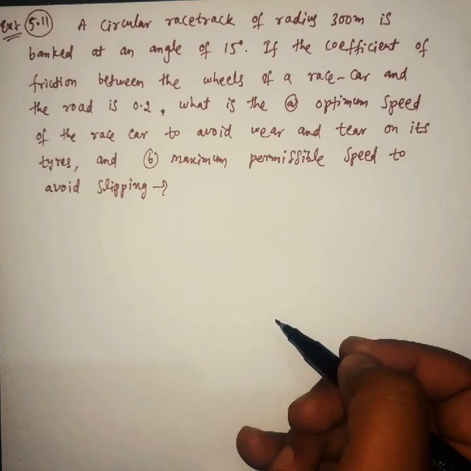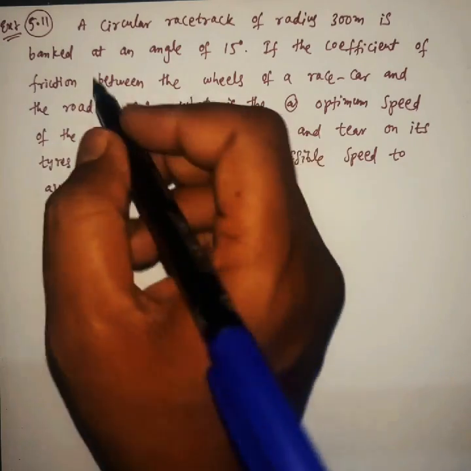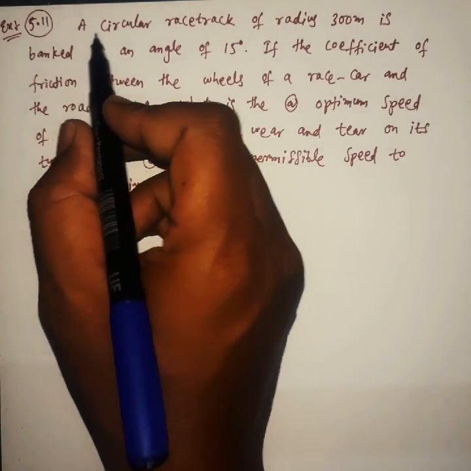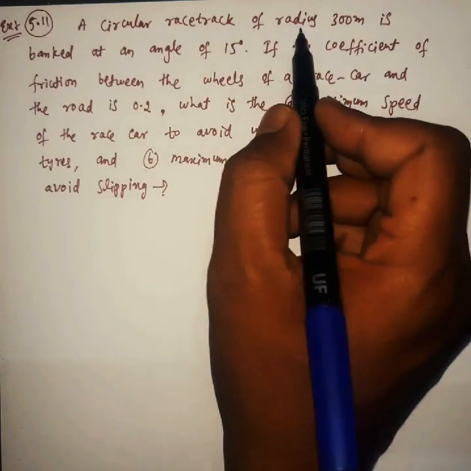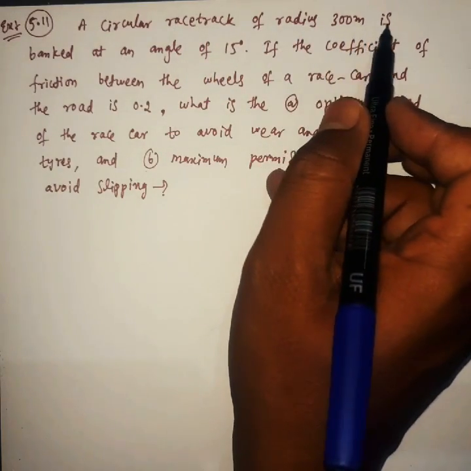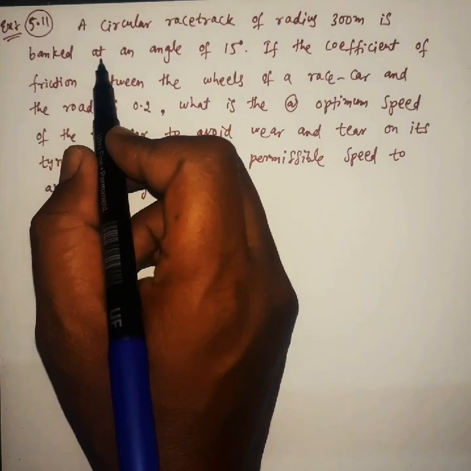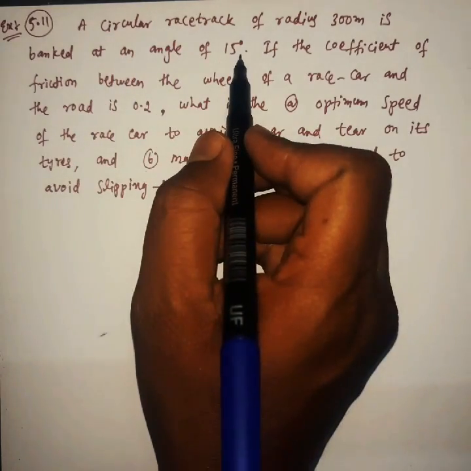Example problem 5.11. Here a circular racetrack of radius 300 meter is banked at an angle of 15 degrees.